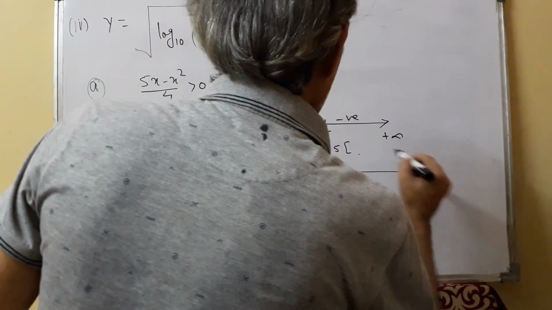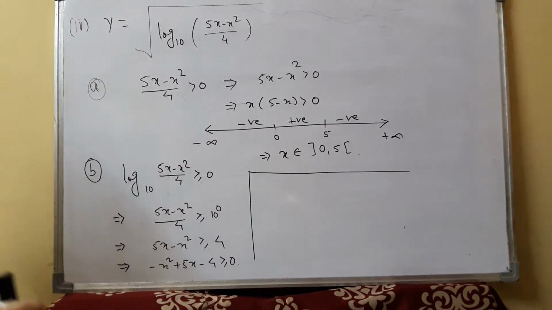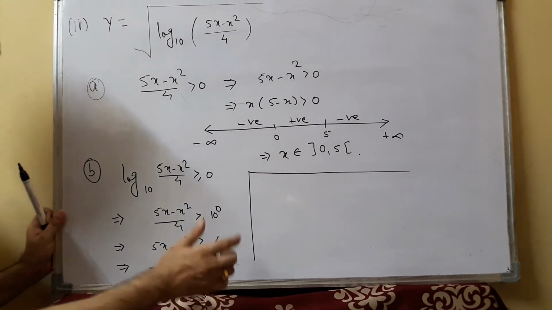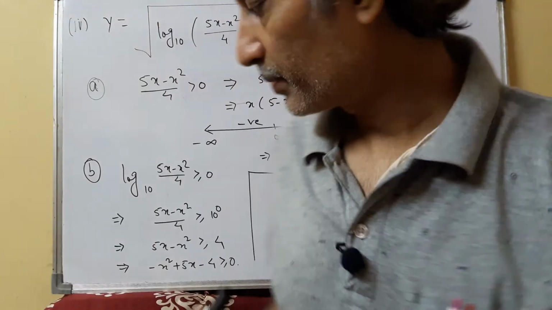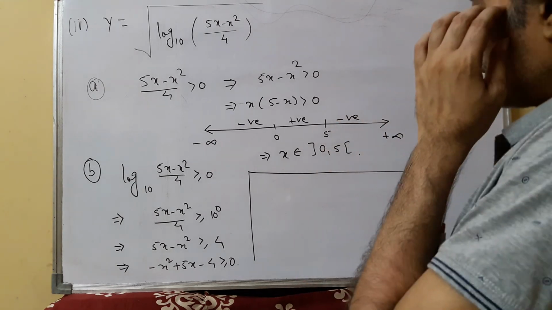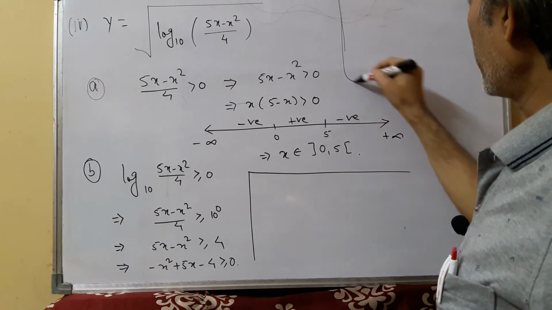Now just by using sign scheme method, we are going to find out where this thing is more than or equal to 0, for what values of x. So you can break this. What are the values that we are getting?